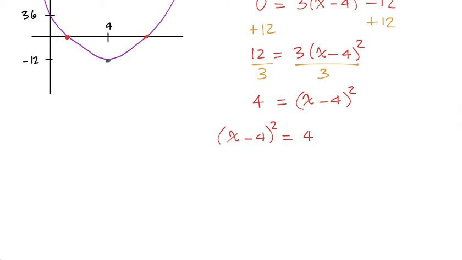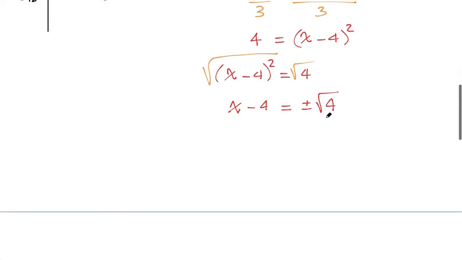Now I'm going to take square roots on both sides, leaving me with x minus 4 equals. Now remember, if I have something squared equals 4, then that something equals plus or minus the square root of 4. What is the square root of 4? That's equal to 2. So x minus 4 equals plus or minus 2, leaving me with these two options.